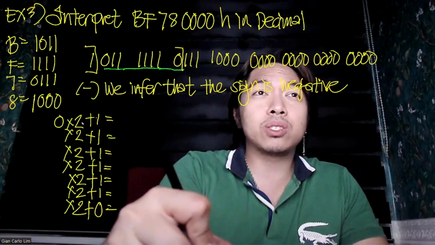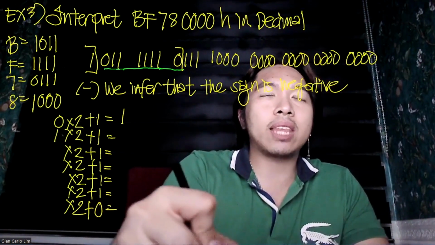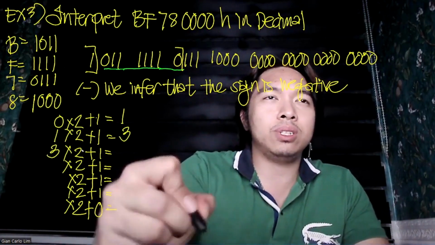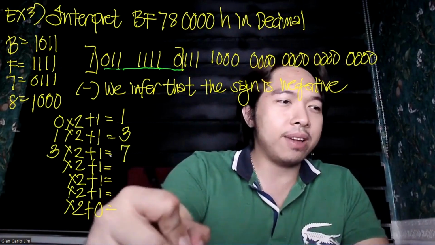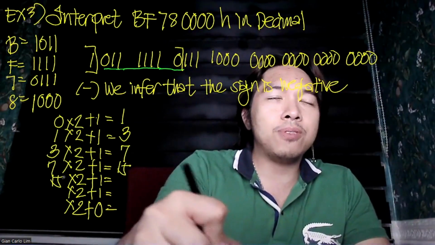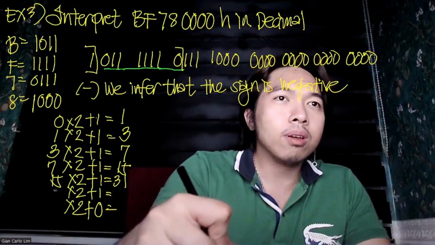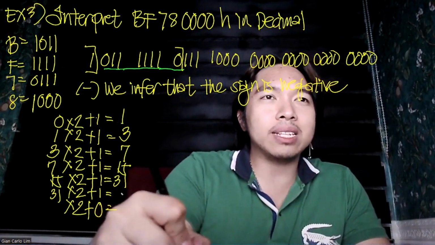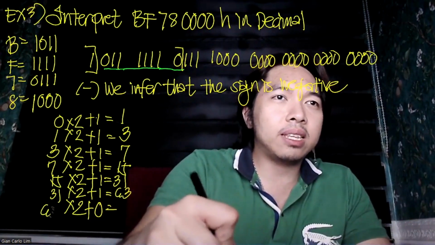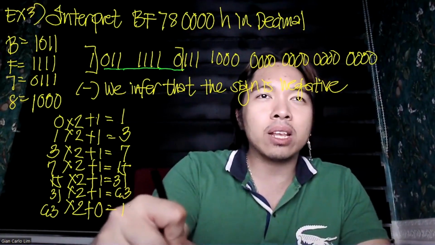So 0 times 2 is 0 plus 1, so that is 1. 1 times 2 is 2 plus 1, so that is 3. 3 times 2 is 6 plus 1, so that is 7. 7 times 2 is 14 plus 1 is 15. 15 times 2 is 30 plus 1, so that is 31. 31 times 2 is 62 plus 1, so that is 63. And then 63 times 2 is 126 plus 0 is still 126.